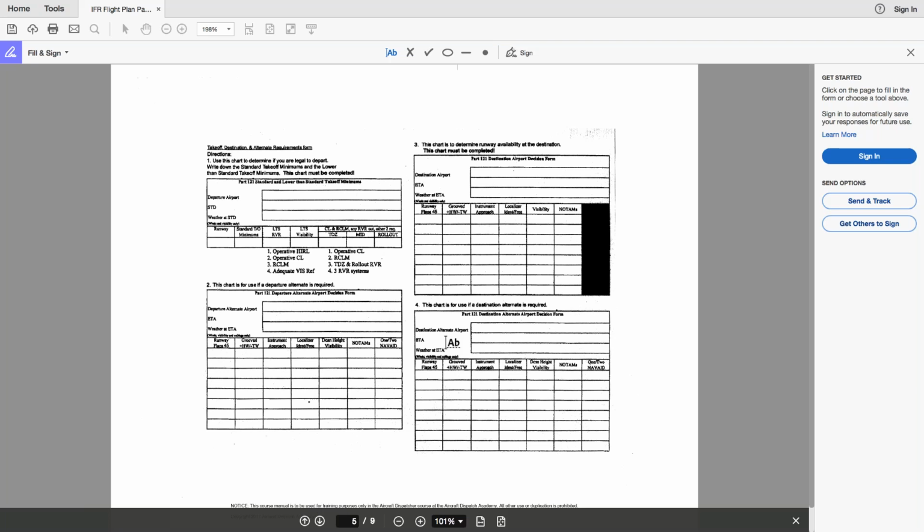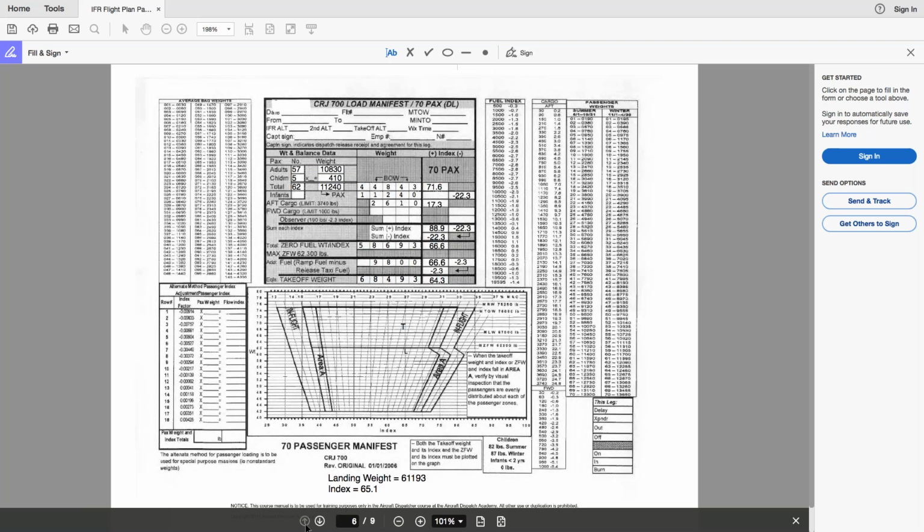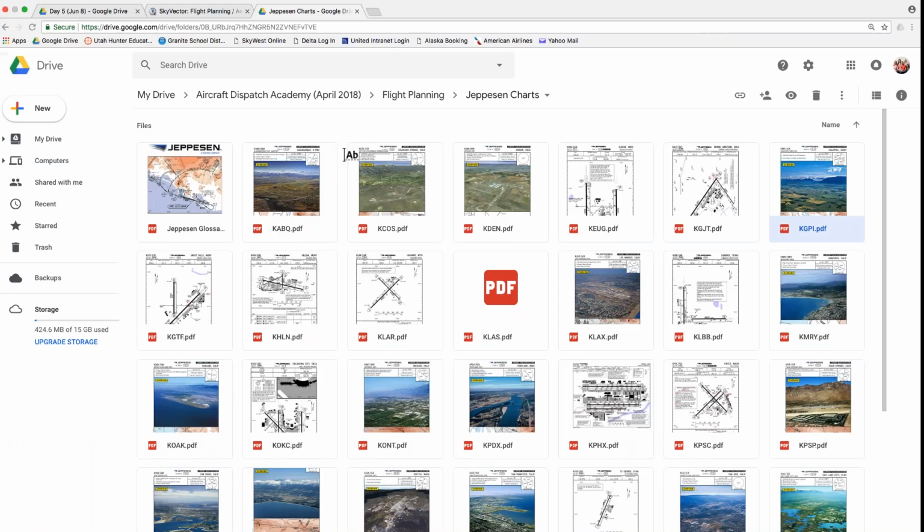I'll save this chart for the end. The next step is we need to figure out our altitude capability, correct? So how high can the airplane get with our current weather information?